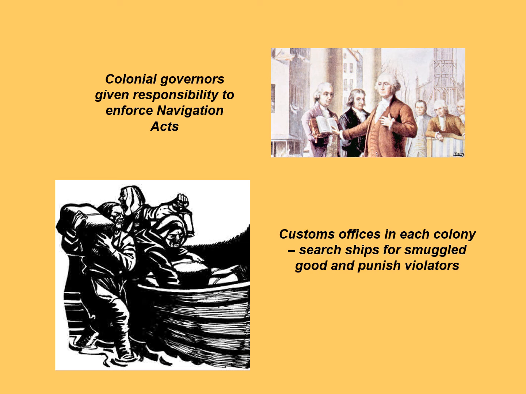But even though you've got someone now in charge of enforcing the Navigation Acts, even though now you've got these customs offices in place to find smugglers, enforcement was still pretty lax. Because it turns out that many of those customs agents didn't get their jobs because they were great at finding smugglers.